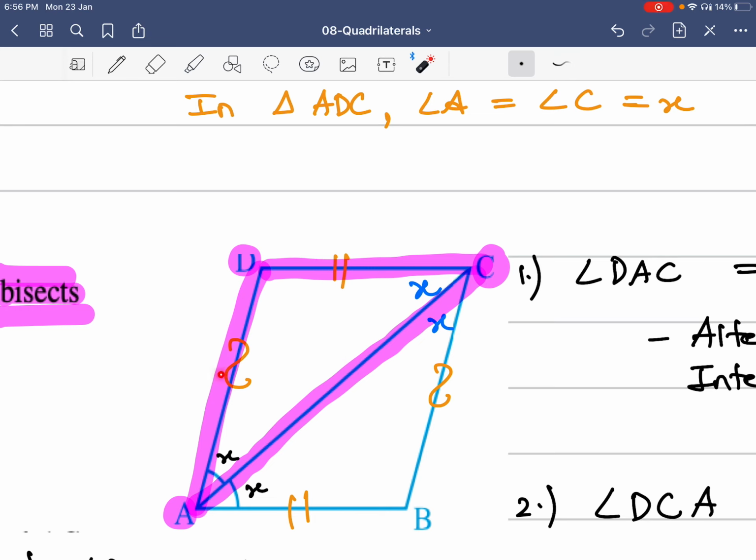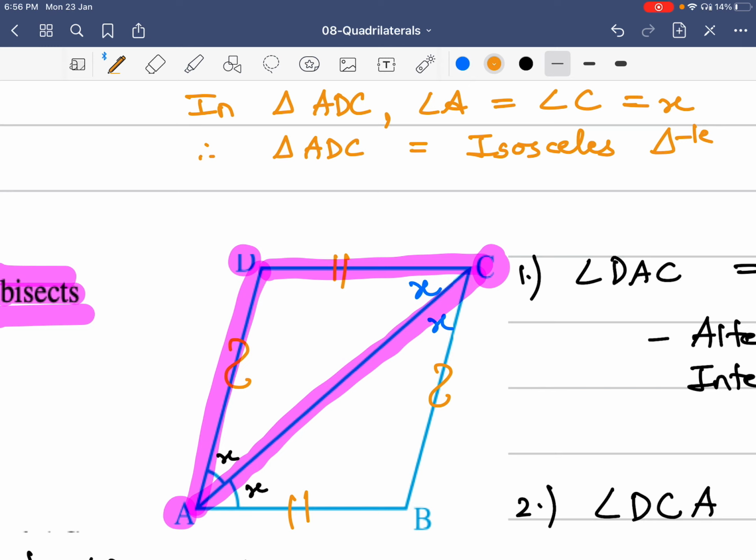So anyway, just focus on this highlighted triangle. So this x is equal to this x. That means therefore triangle ADC is an isosceles triangle. Why? Because that is the very definition of an isosceles triangle. If the two angles are equal to each other, then the triangle is called an isosceles triangle.